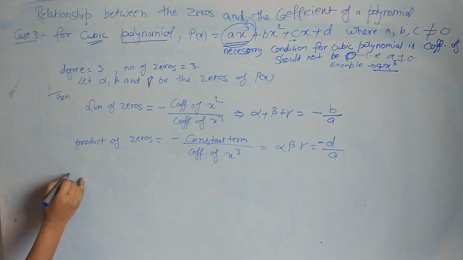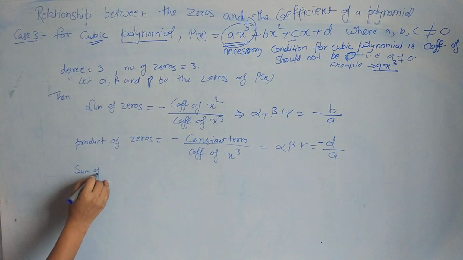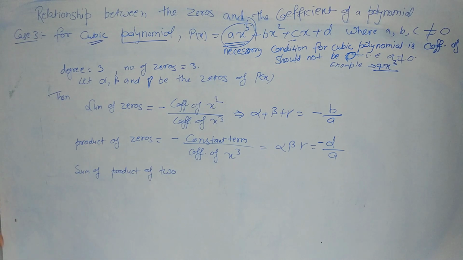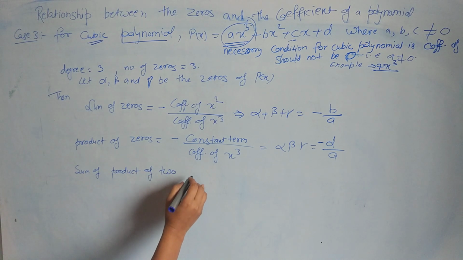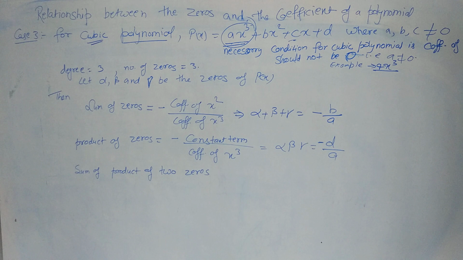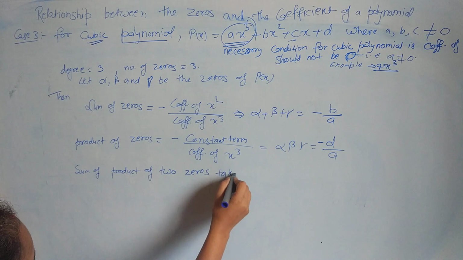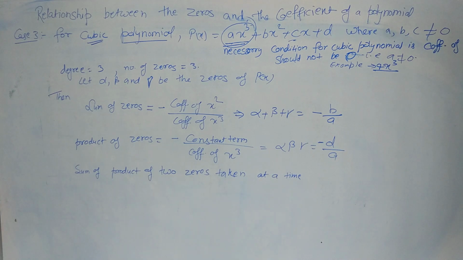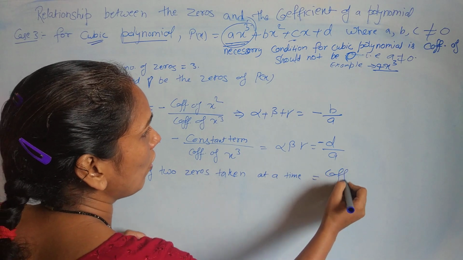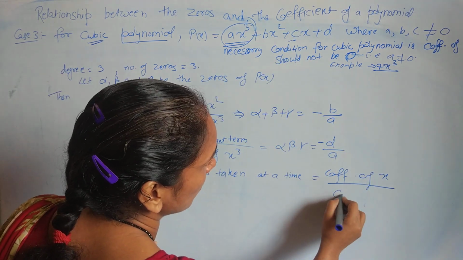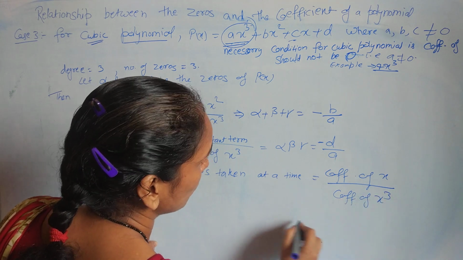So c is found if we take the sum of product of two zeros at a time.